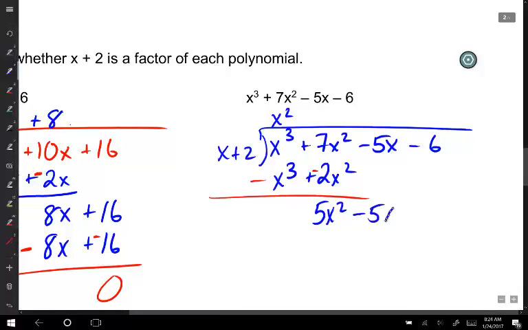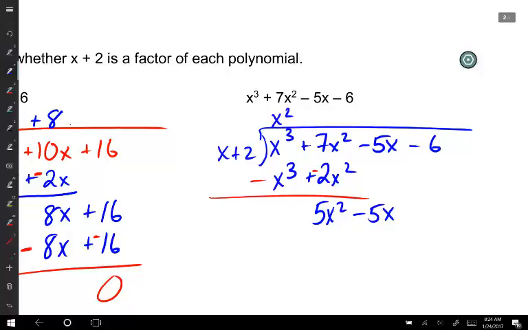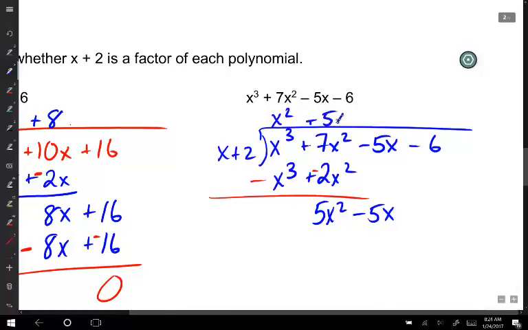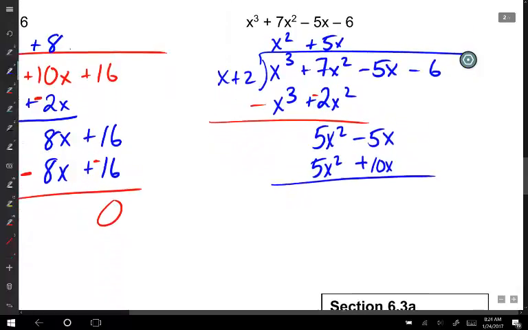Cole, you're up. It will be 5x. Good. So 5x squared plus 10x, right? Kent, back to you.